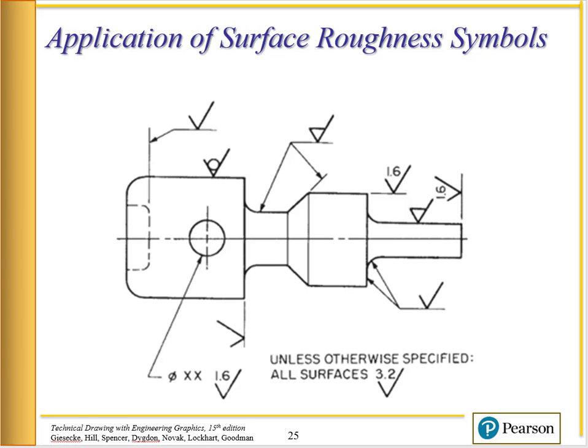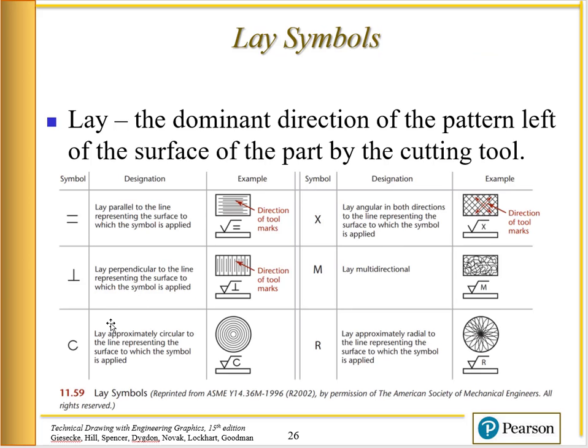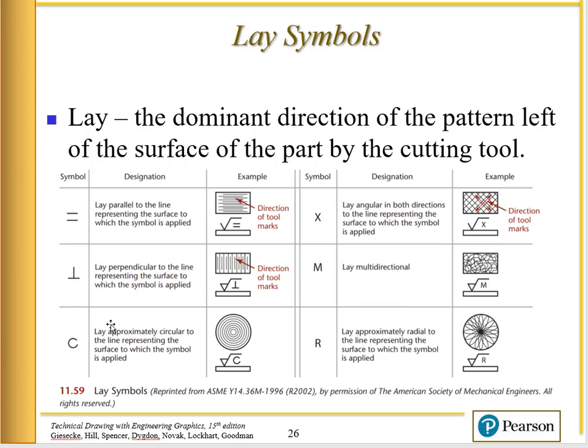Let's talk about lay. Now, lay is the tool marks. And then these are the different symbols used for lay. So in this case, you have lay parallel lines, so that looks like equals marks. Okay, you can get that with milling, for instance.